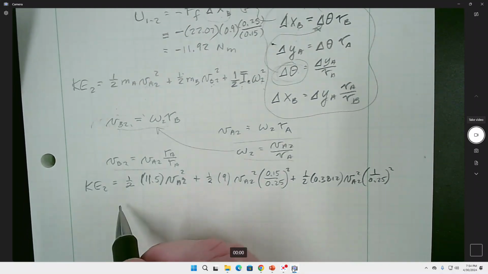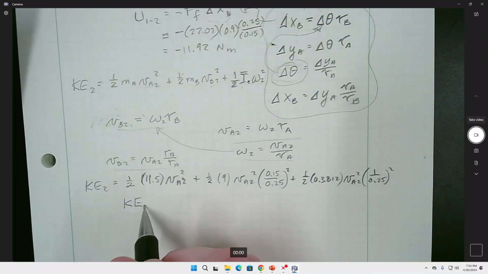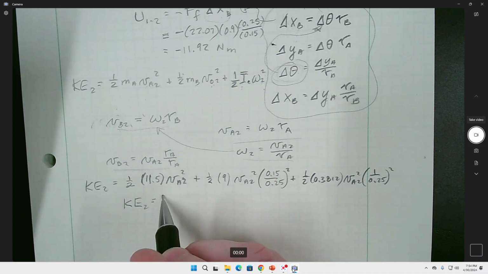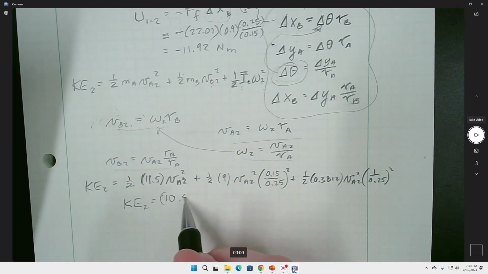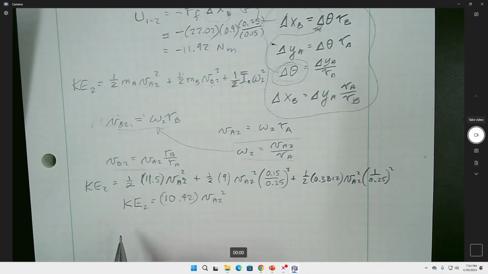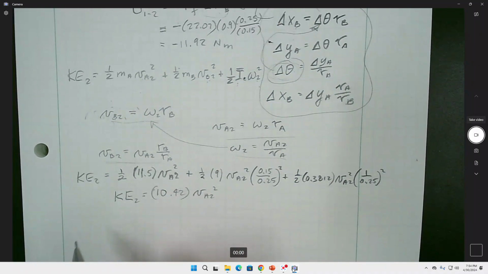Get all those together, and I'm going to trust my former self. Oh, okay. I think it ends up being 10.42 VA2 squared. And I'm almost home free.